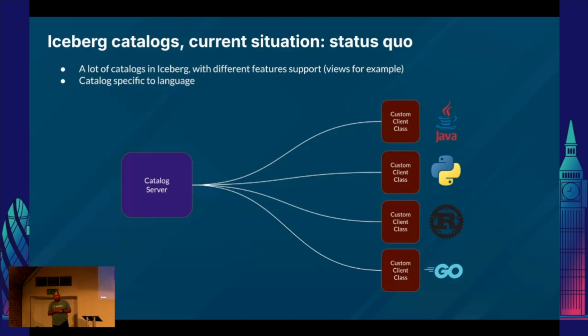Second thing is, not all catalogs are working with all kinds of query engines and languages. If you use the JDBC catalog, you're going to mostly use Java. If you use Python or Rust, then it's going to be pretty hard to use this catalog. So it means that we have different clients depending on the languages you are using.